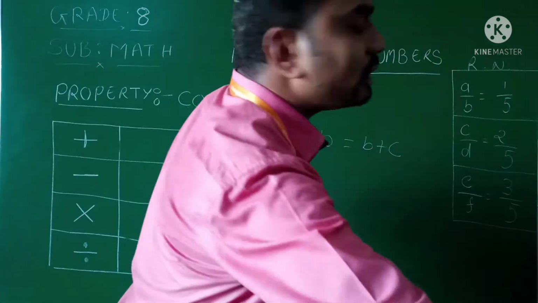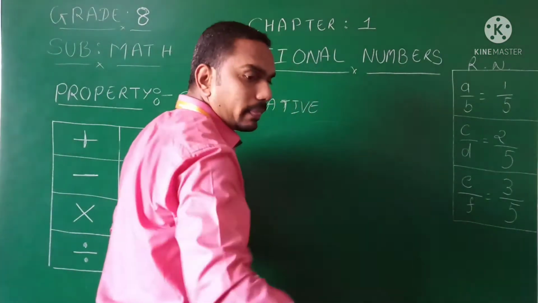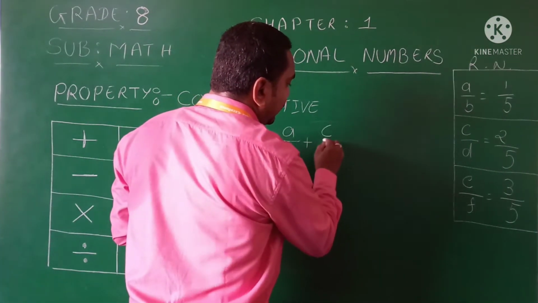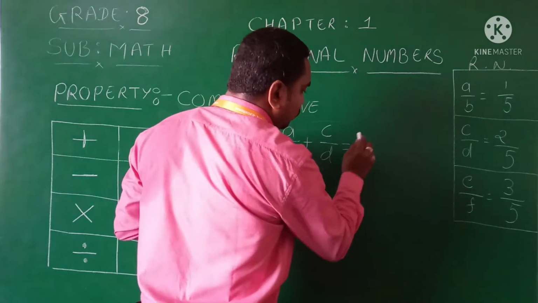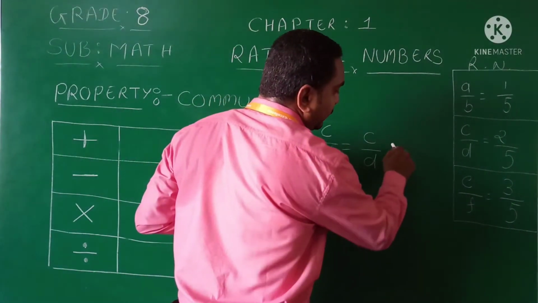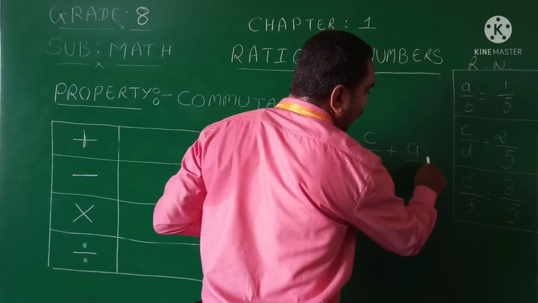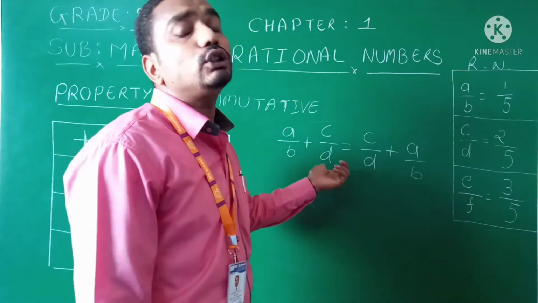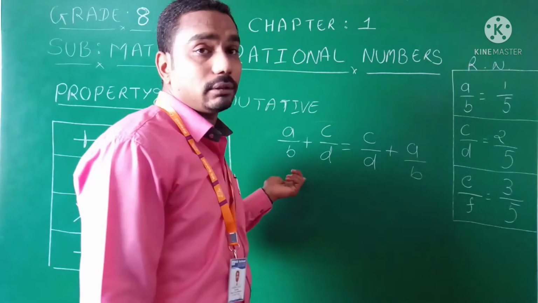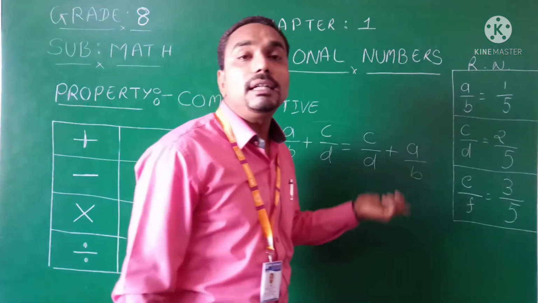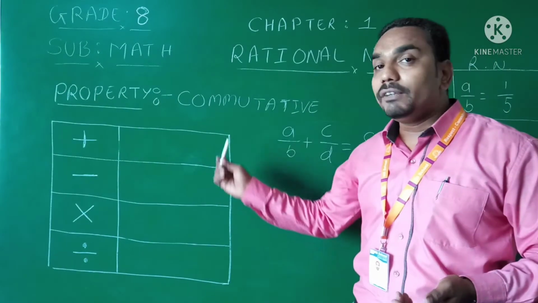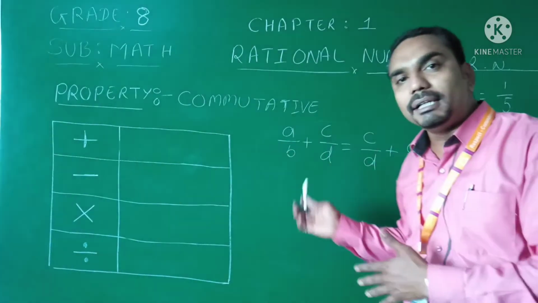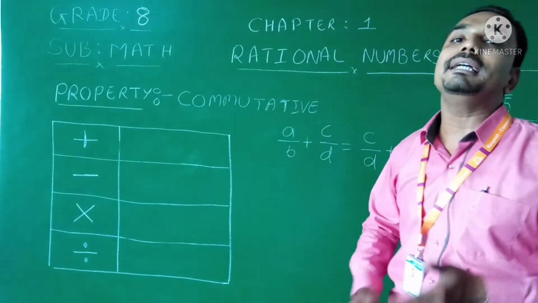So here for the rational number we will take a upon b plus c upon d is equal to c upon d plus a upon b. So in short we can say that when we are changing the sequence of our numbers in an addition process, if the result is changing, then the commutative property is not applicable, and if we are getting the same result, then the commutative property is applicable.